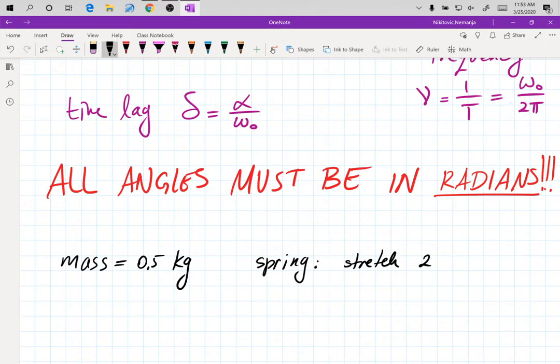It is set in motion with initial position x0 equals 1 meter and initial velocity v0 equals -5 meters per second.